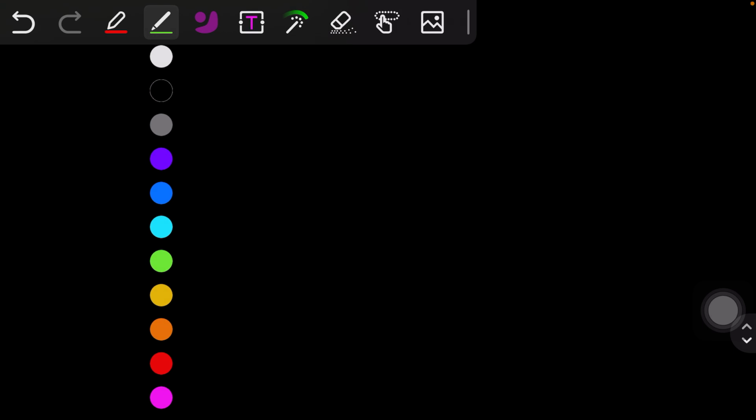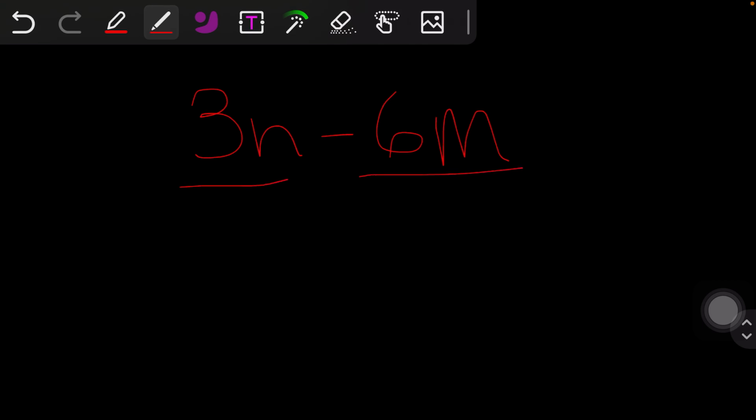Let's see if I can get a different color. Go red. Now we have 3 times n minus 6 times m. Same process as last time. What we're trying to find out is what these two terms have in common that we can take out. It seems pretty obvious.